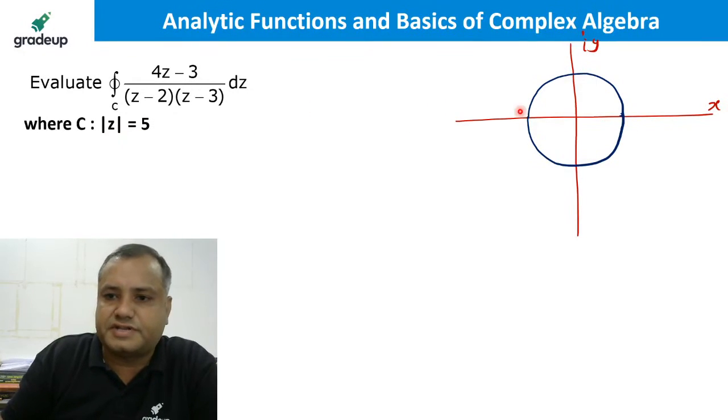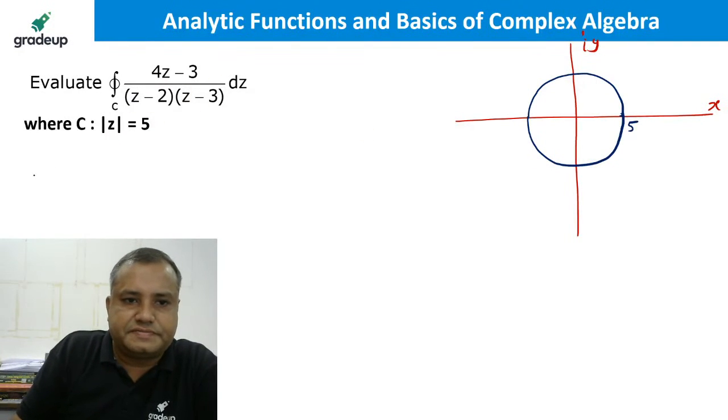This is a circle of radius 5. Okay, sir. So this point is 5. This is your function g of z.